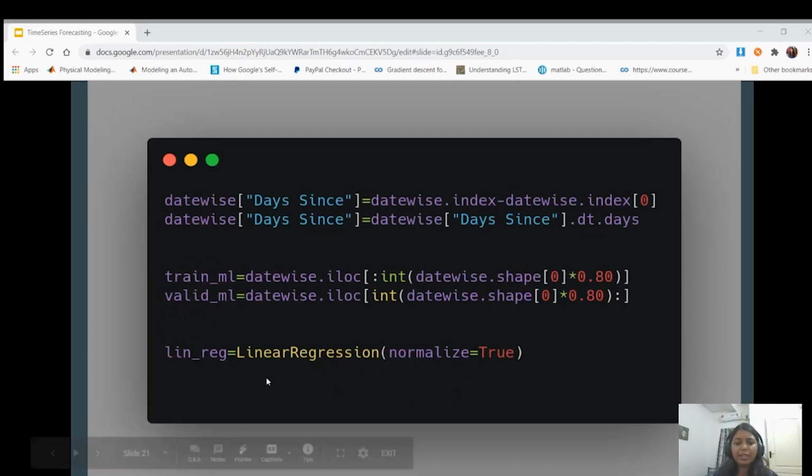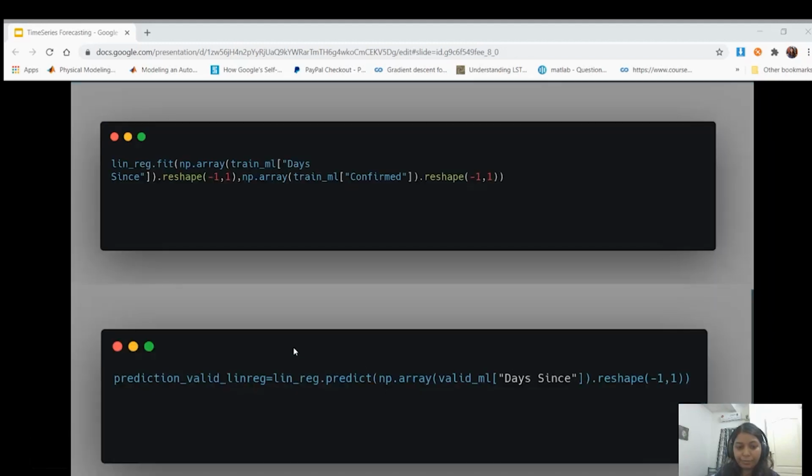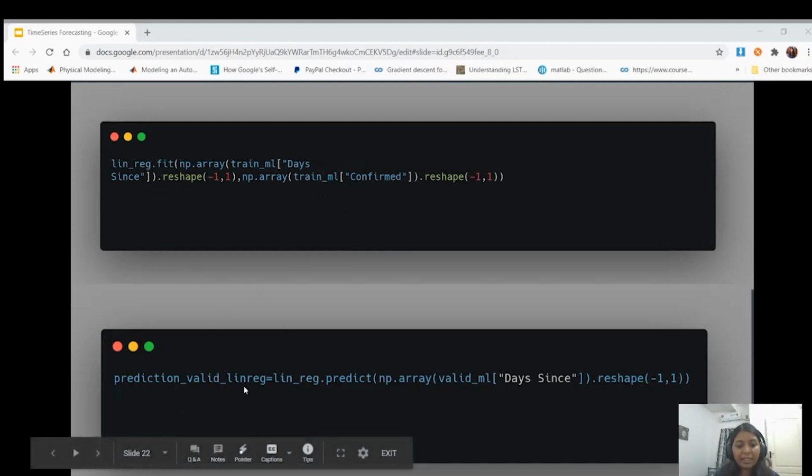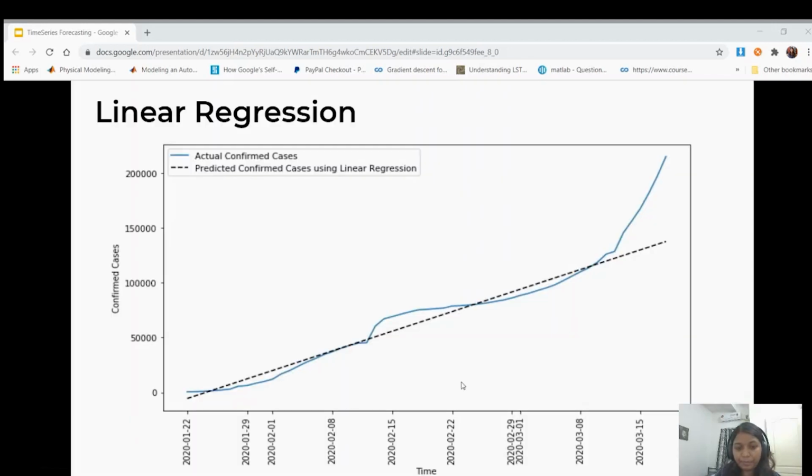In linear regression, you can easily import a library called LinearRegression, and you can easily apply it on this training ML set. So here, linear regression fits your machine learning dates and your training ML confirmed cases. While predicting, we again use linear regression dot predict for the valid data sets on those days.